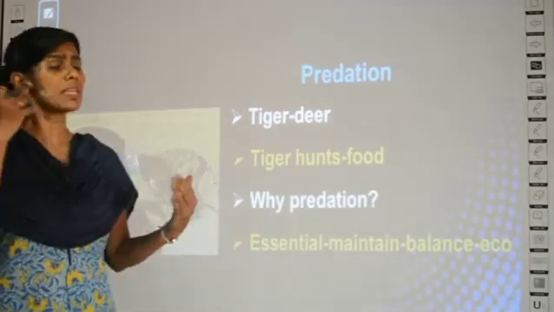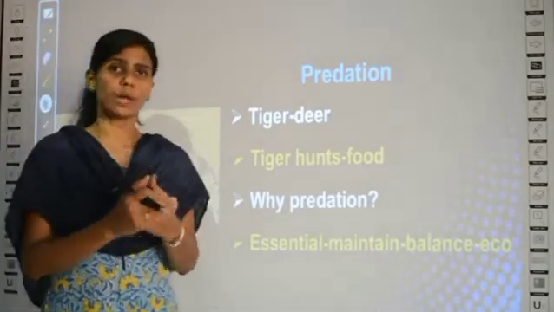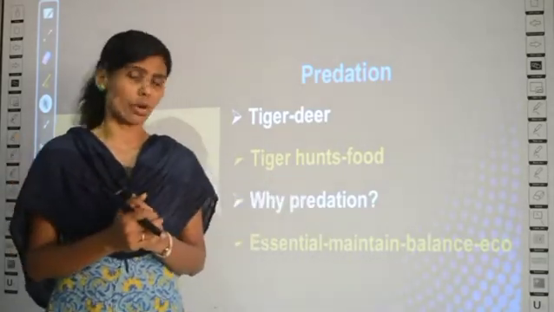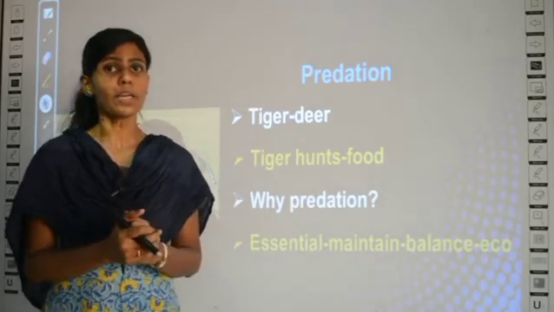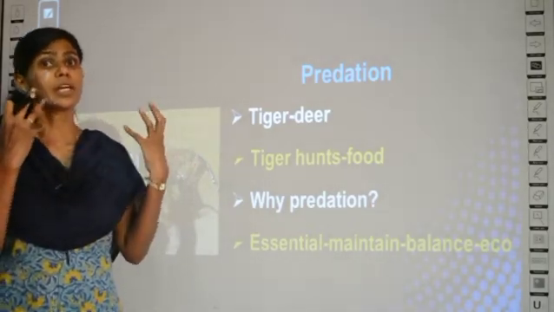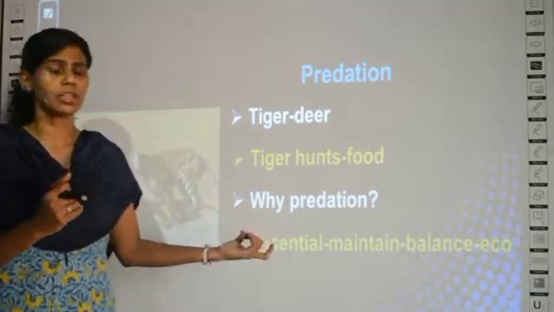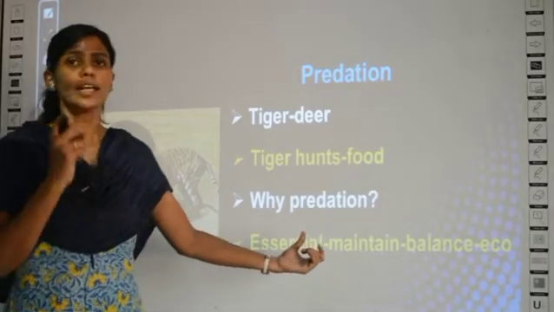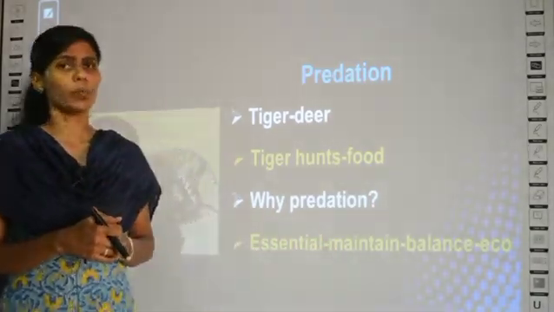Similarly, there will be some other organism to kill the tiger, so the number of tigers will also be balanced in this environment. If there is no process of predation in this environment, then the number of one particular organism will increase so much. So predation is essential to maintain balance in the ecosystem or in this world.